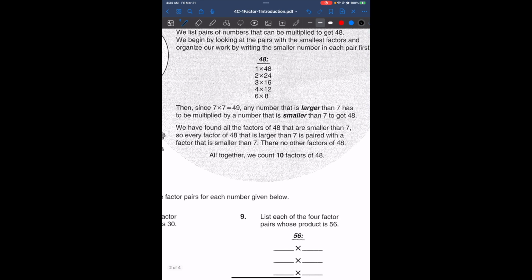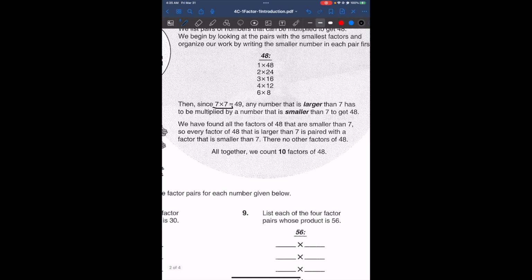For example, 1 and 48 is a pair, 2 and 24, 3 and 16, 4 and 12, 6 and 8. So what you want to do is start with small numbers and go in order. Does 1 work, does 2 work, 3, 4, 5, 6. You want to test it in order so that you can get all the possible factors without missing any.